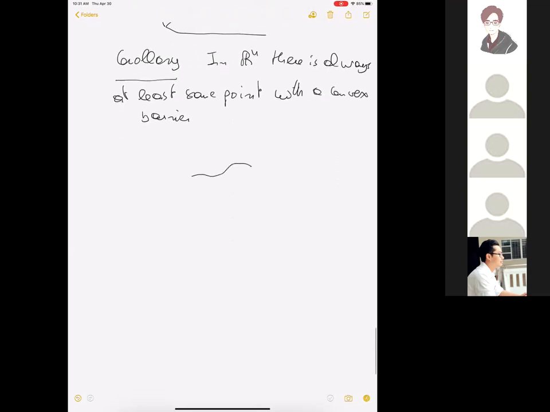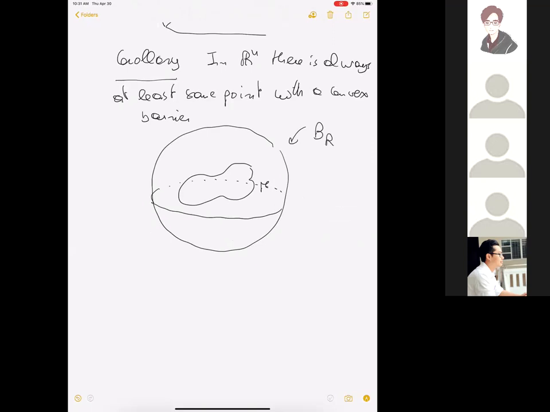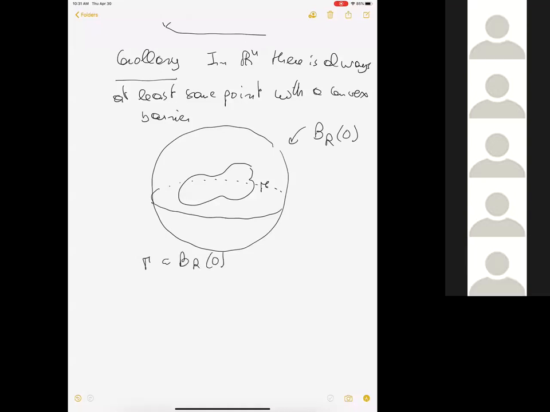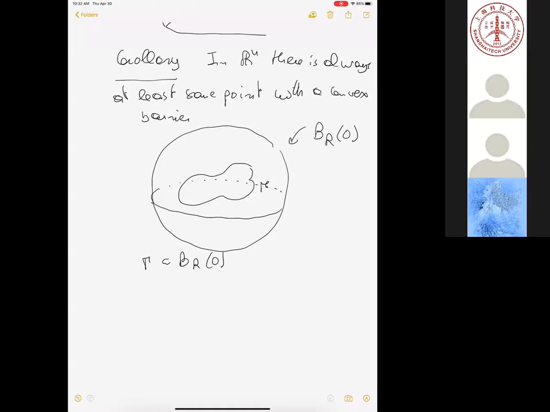Like if you have your boundary gamma, which is living over here, you can just take a very large ball. So this is going to be, say, a ball of radius r, centered at 0. And if gamma is contained in the ball of radius r centered at 0, then it's very easy actually to say that any minimizer has to be contained inside, because if the minimizer goes outside, I actually can project it on the sphere and decrease the area.